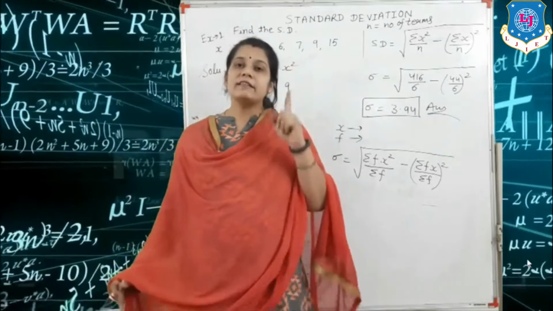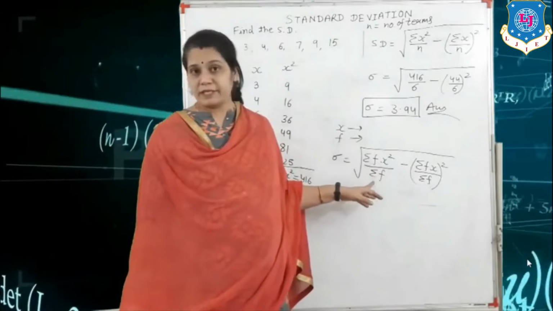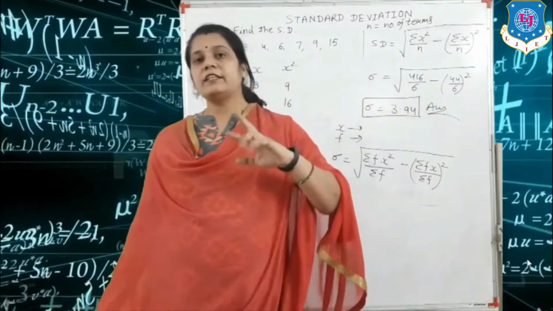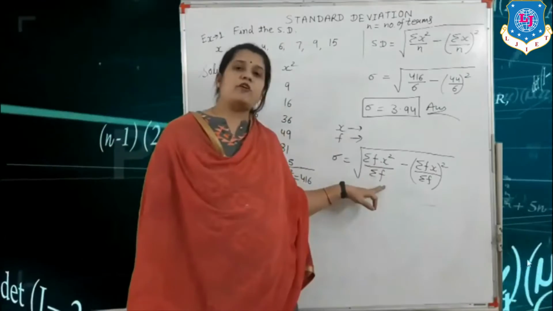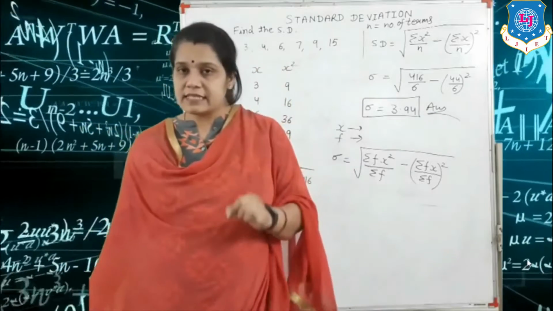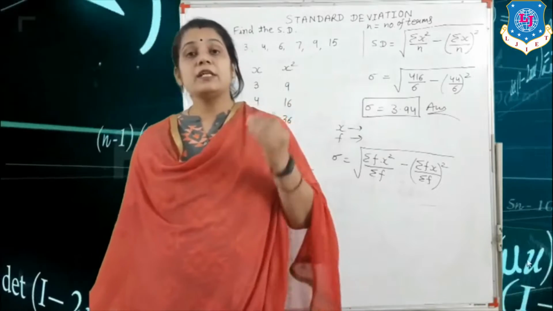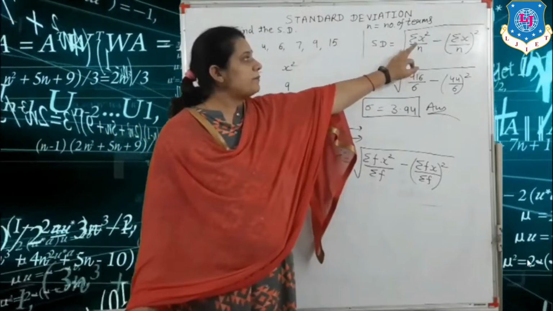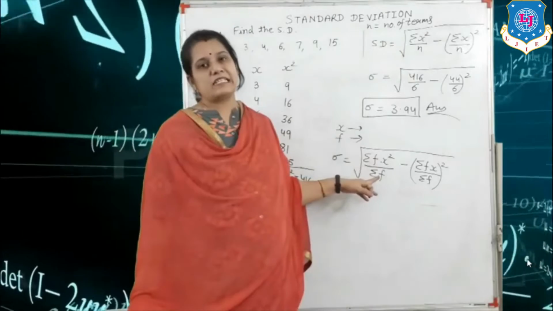Then always in the denominator you write the sum of the frequency, summation f, capital N, not the number of terms. That means if your question is given in frequency form, x and f both, always in the denominator you write the sum of the frequency, summation f, or you can select capital N. So the formula is very simple. First remember this formula, after that you write the frequency and the x.